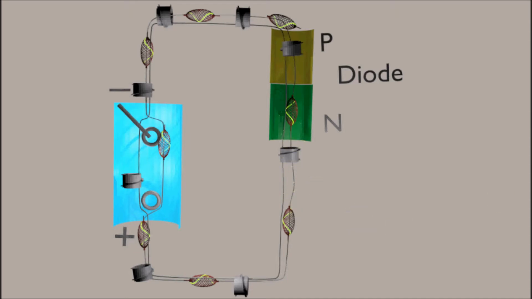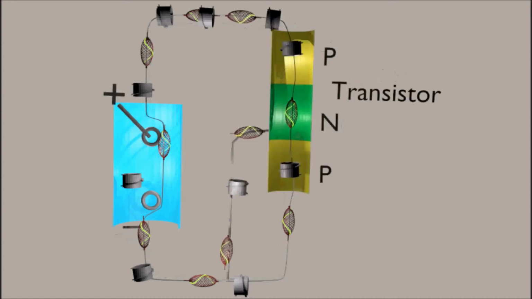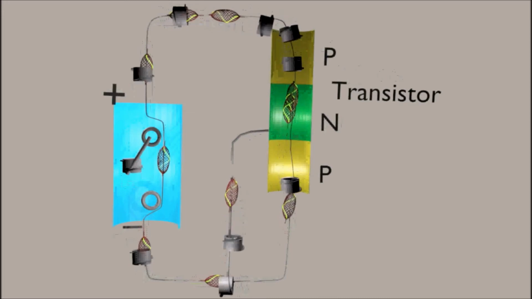And so what you're going to end up with is a situation in which these electrons and the positive holes are attracted, there's a gap, there's no flow. And that's the basic concept of a diode, that it is one directional.